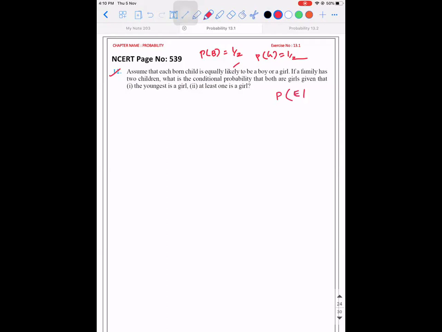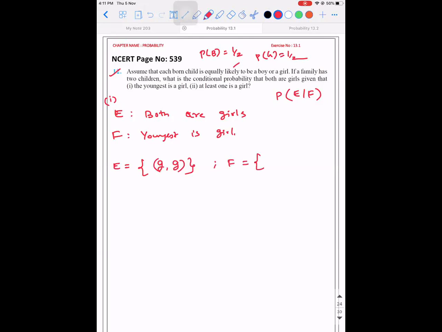So if I write probability of E given F, then E should be what? Both are girls. And F is what? Youngest is girl.